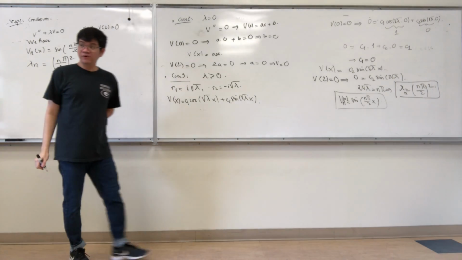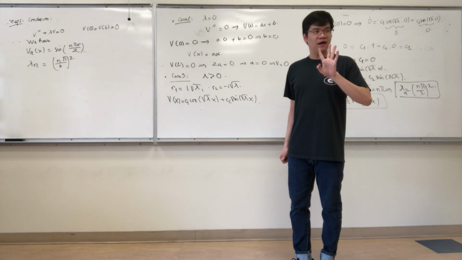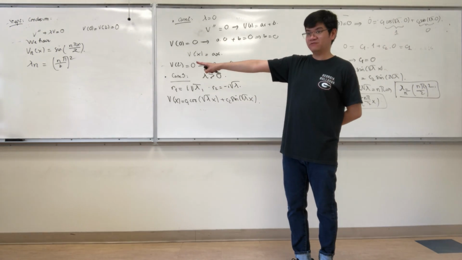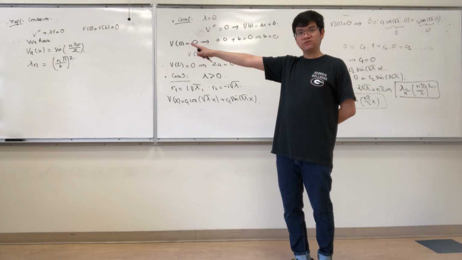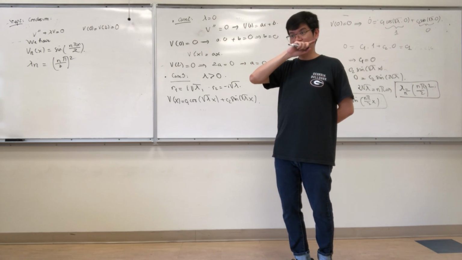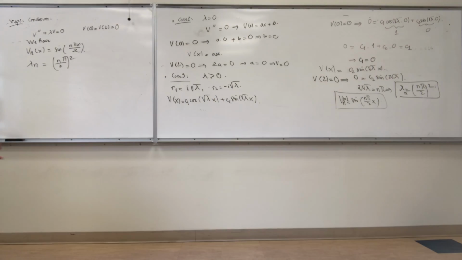Right? So at the end of step 2, the conclusion is that lambda n will be n pi over 2 squared, and the eigenfunctions will be sinus of n pi x over 2. Right? Questions? Now step number 3.